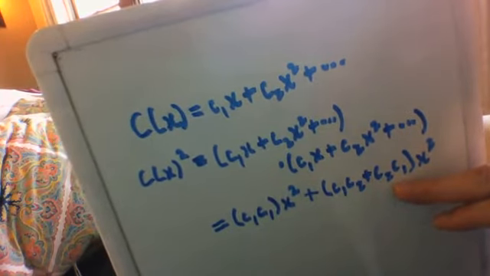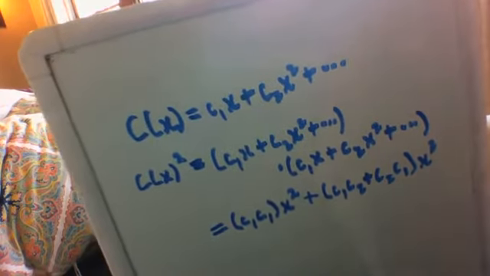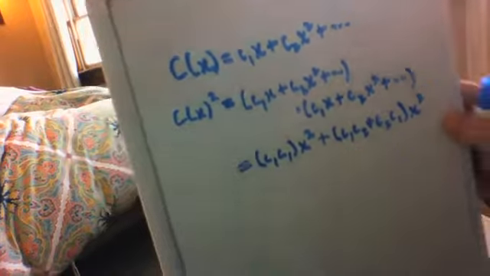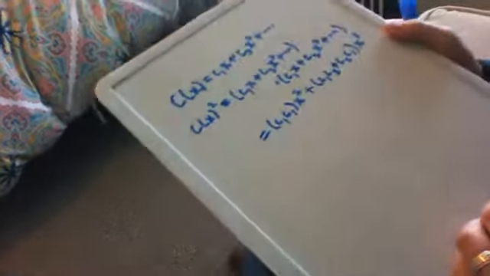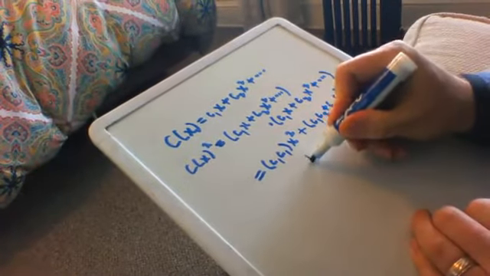That thing right there, C1 C2 plus C2 C1, that's C3. Amazing. And in this way, we're going to be able to manipulate this thing to the point of realizing what's happening. So what about x^4?